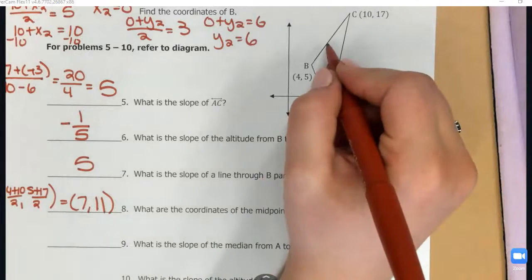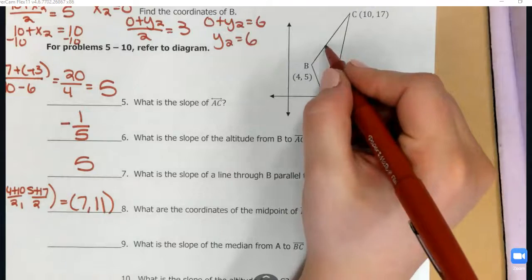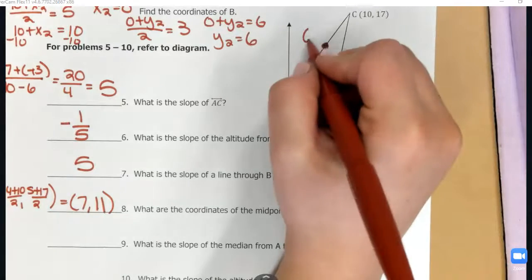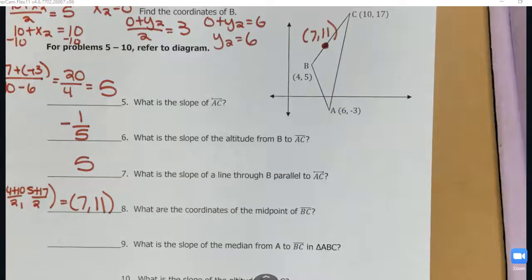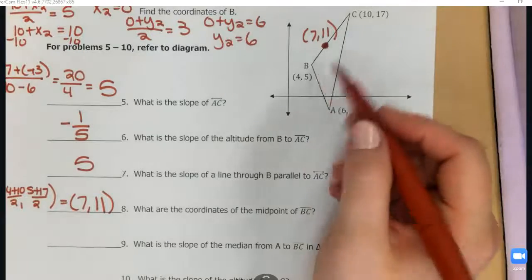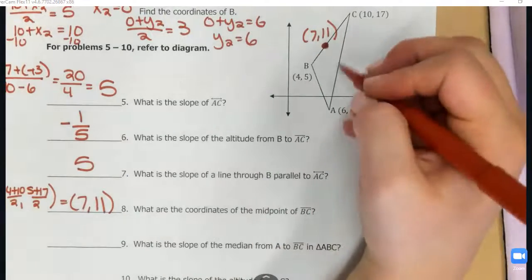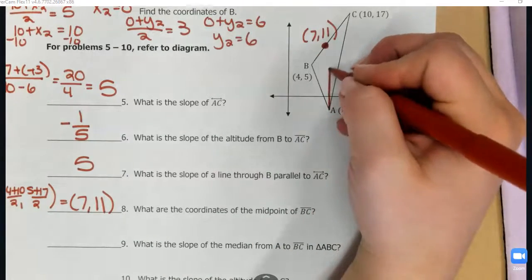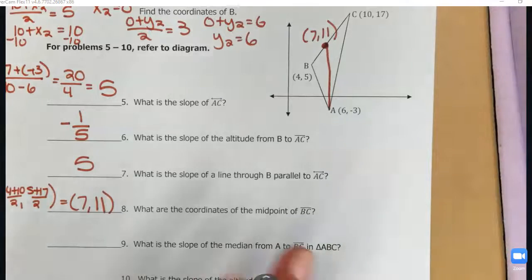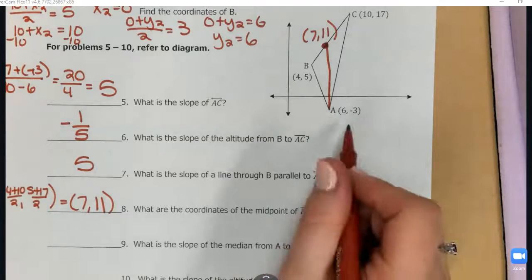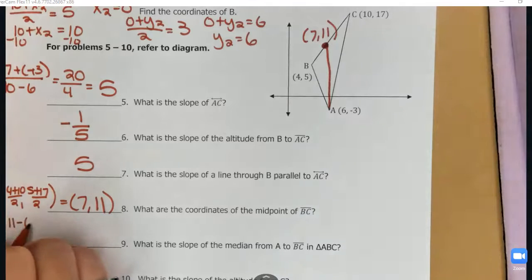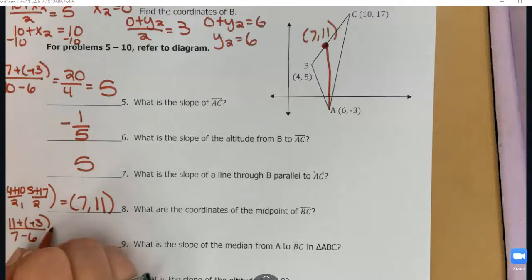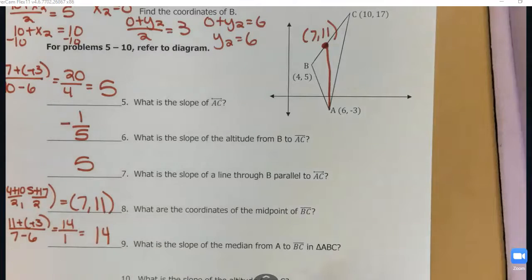Well, A to BC, if it's a median, is going to be at the midpoint, which we just found the coordinates to be 7, 11. That was what we did on number 8. We found the midpoint of BC. So if I drew a median from A to BC, it's going to go to that midpoint. So I can find the slope of that line using my slope formula. That's just going to be 11 minus negative 3 over 7 minus 6. Well, that's going to be 14 over 1, which is 14.